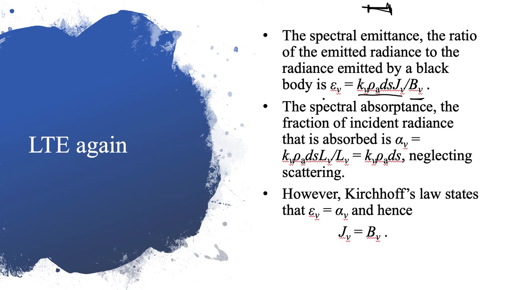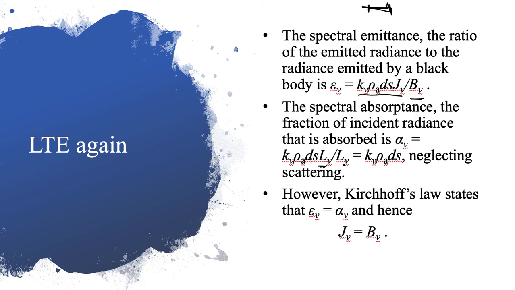The spectral absorptance is the fraction of incident radiance that is absorbed. So what is absorbed is, again, proportional to what is coming in, L nu, times the absorption coefficient, times obviously the width and the density of the material, divided by the incident radiance, that here we're just calling L nu.